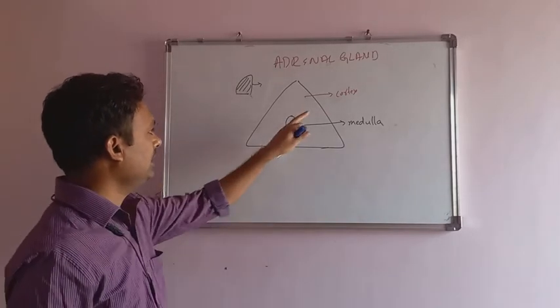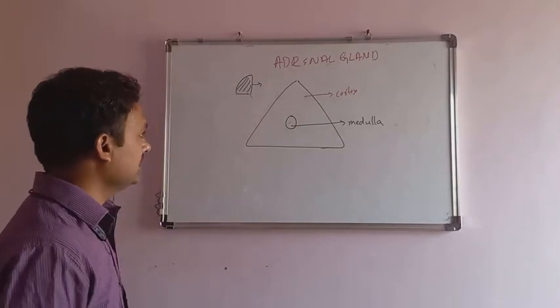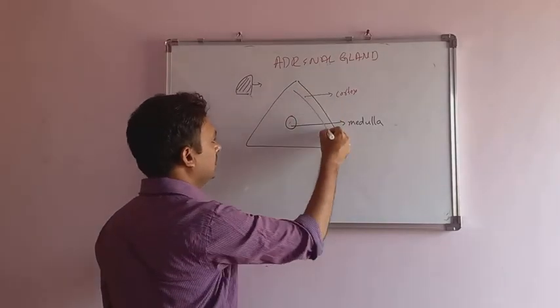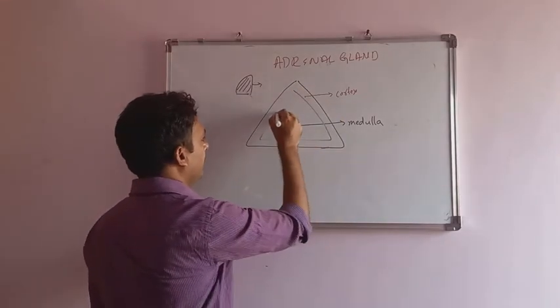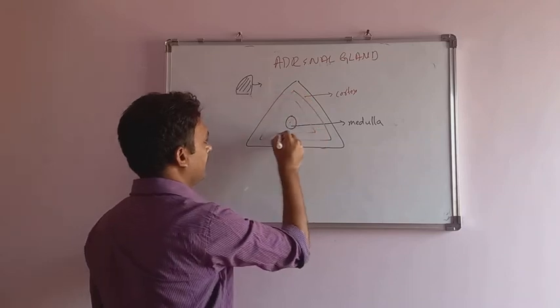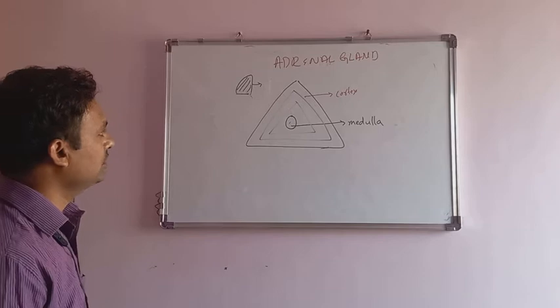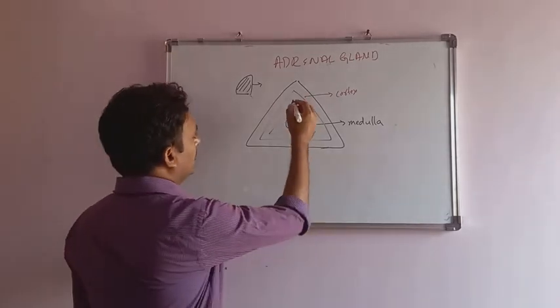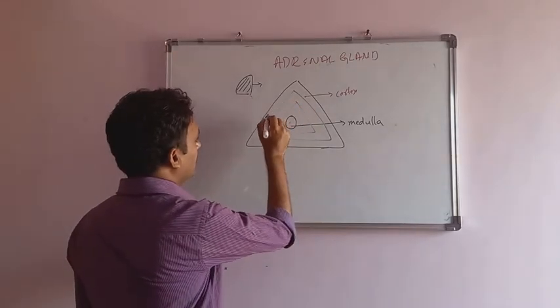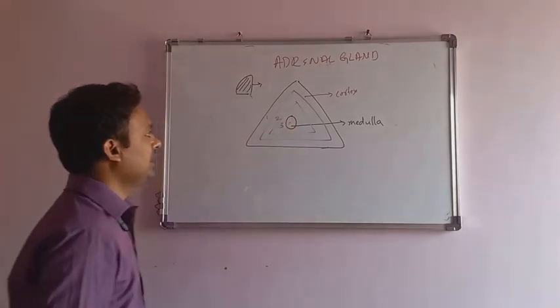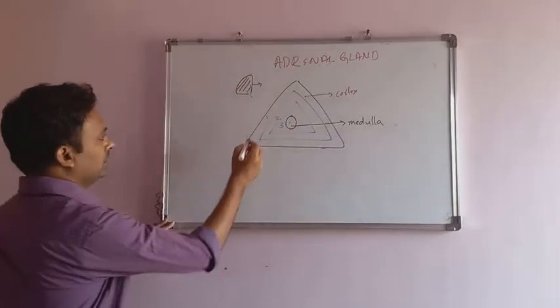Center part is medulla and outer part is cortex. Again the cortex is divided into three portions: portion number 1, portion number 2, and portion number 3.